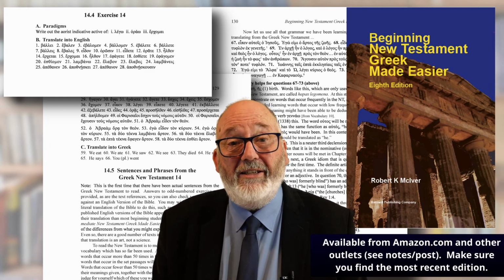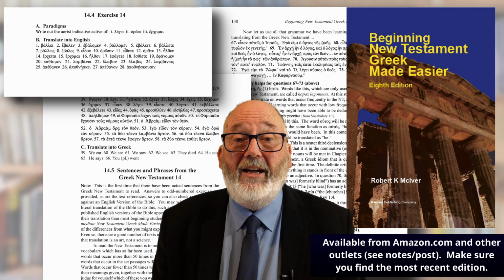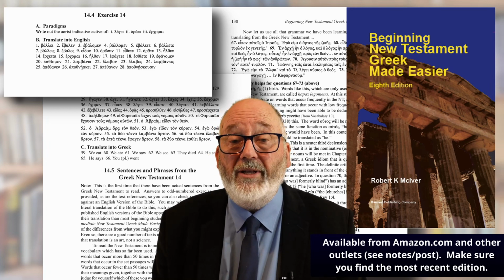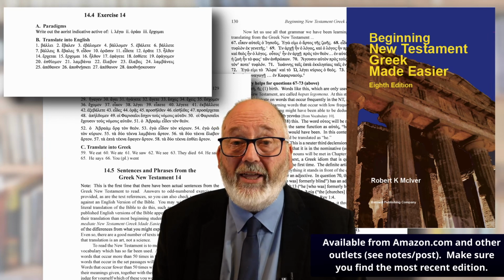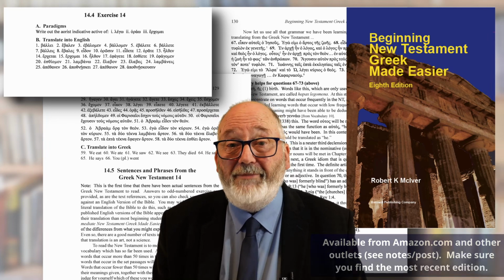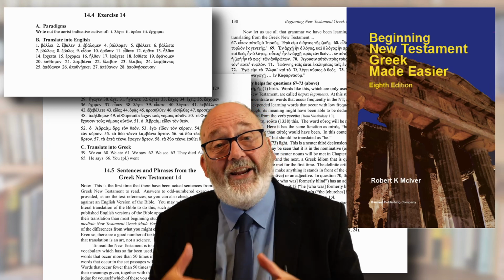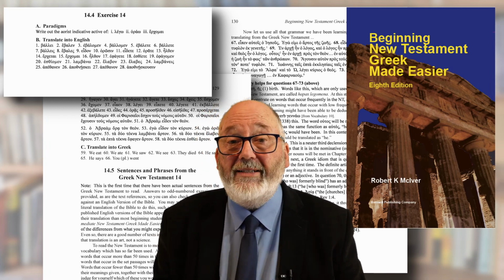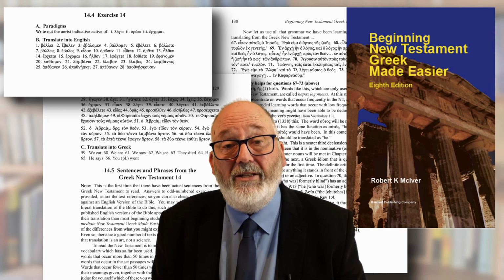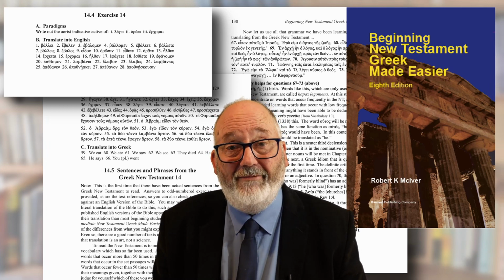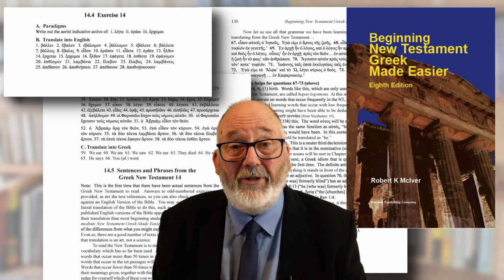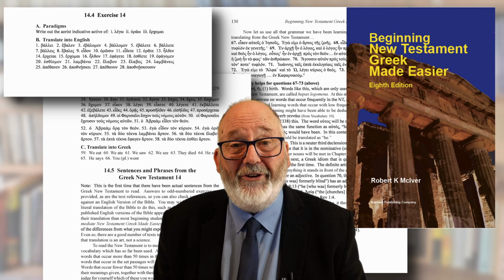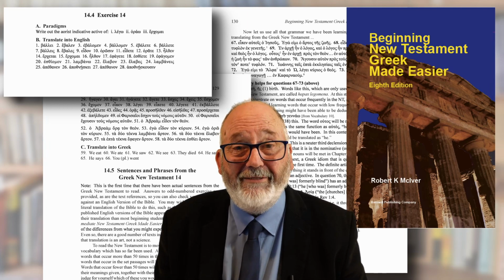In that exercise, for the first time in my textbook, I've also introduced some words and phrases from the Greek New Testament for you to look at and translate. Because when you add aorist tenses to the Greek that you know, then suddenly there are more places in the New Testament that you can translate. The aorist tense is used quite a lot, and learning it well is a very helpful start.